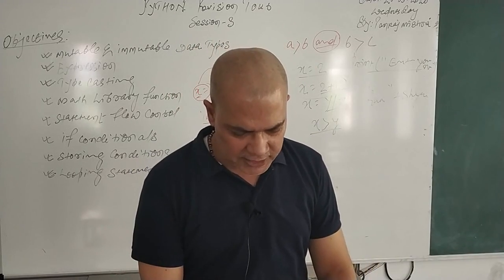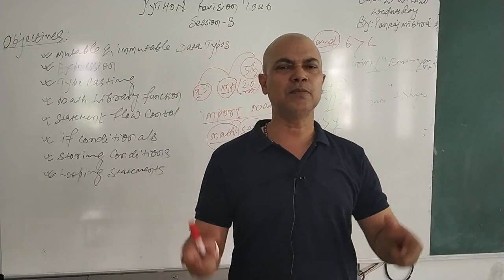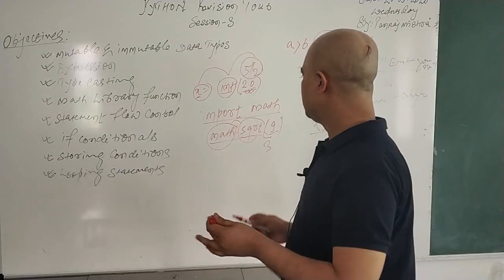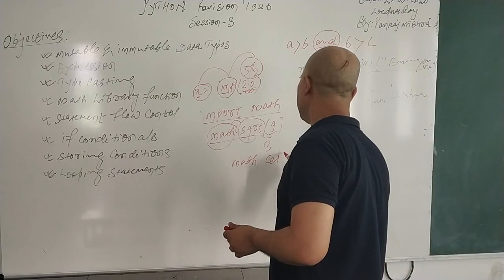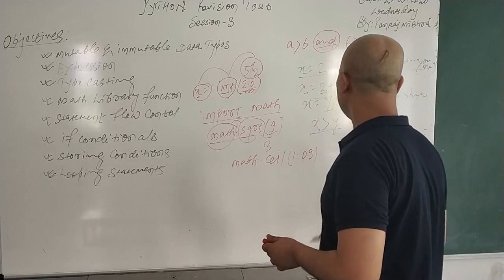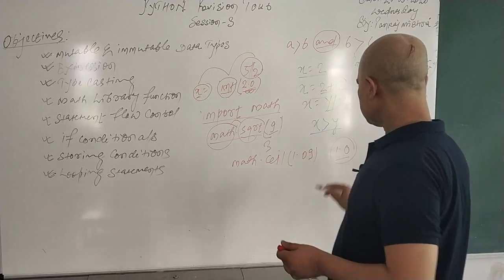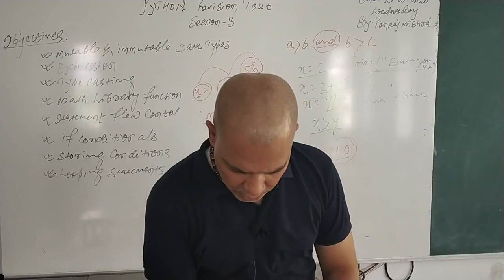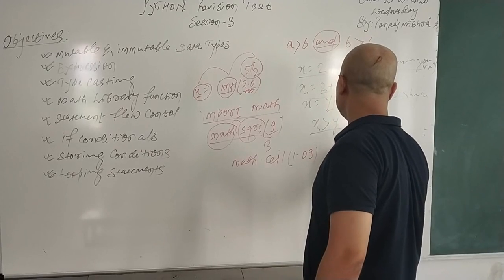The ceil function returns the smallest integer not less than num. Num is the value that you enter with ceil. How to use it? You use math.ceil under brackets, suppose 1.09, and it will give you the next integer, that is 2.0.